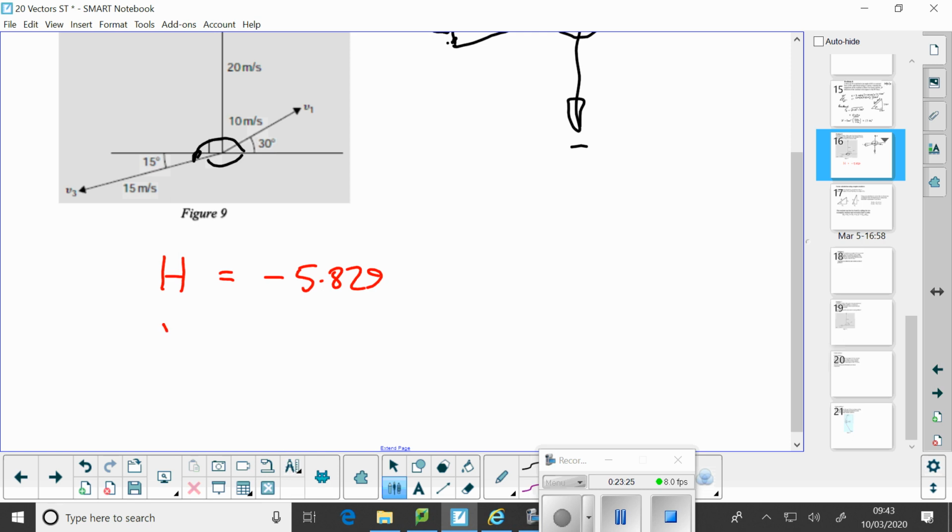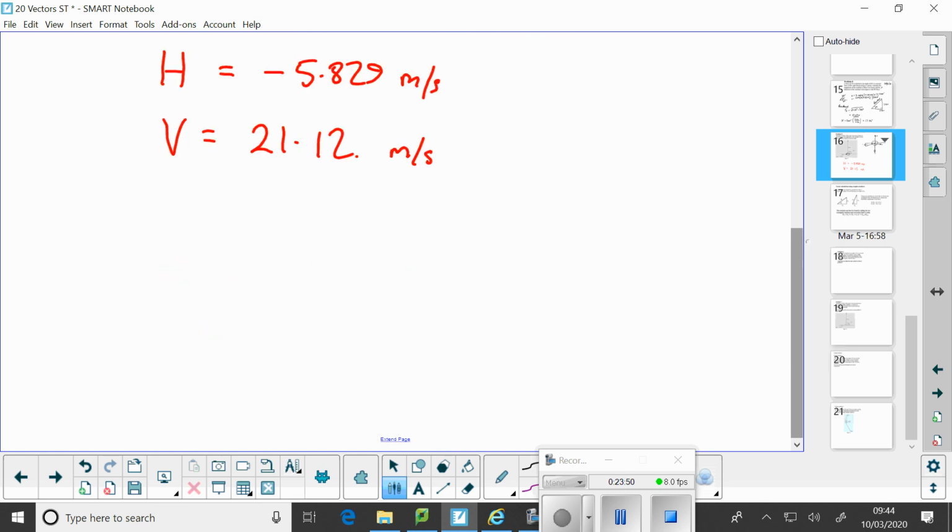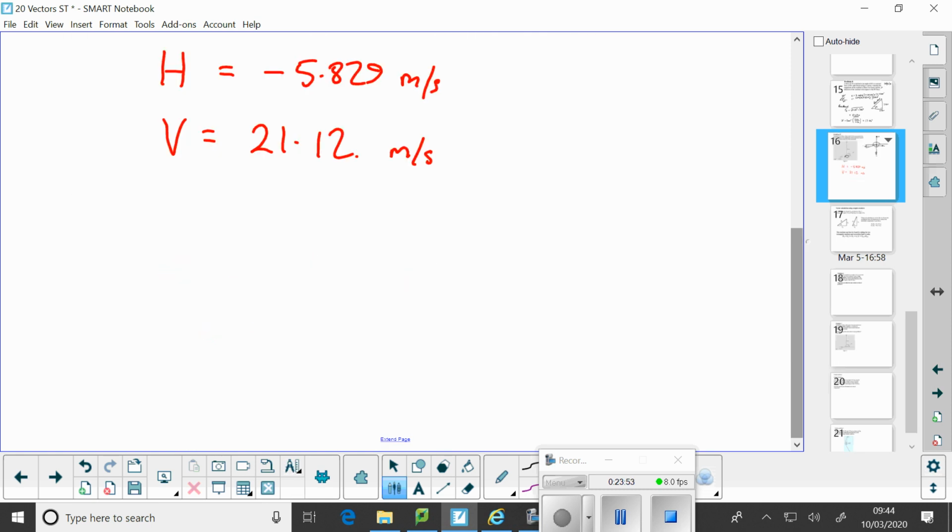And you should have a total vertical component of 21.12, and they're both meters per second. You might have slightly different values depending on your rounding and how many significant figures you use, but that's irrelevant.